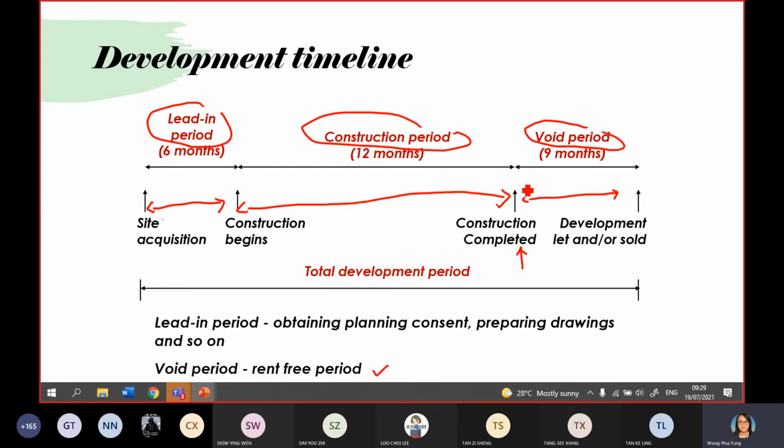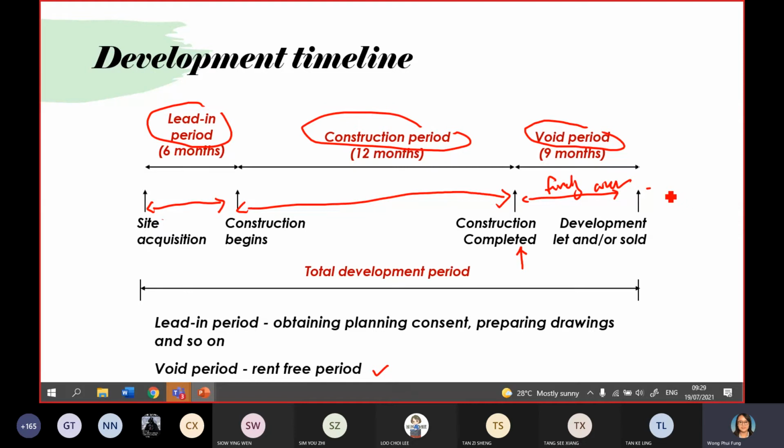Maybe, in a very extreme case, nobody wants to buy, or nobody wants to rent. So that is a possibility. Because of no income, the developer also needs to seek some funding to cover it.